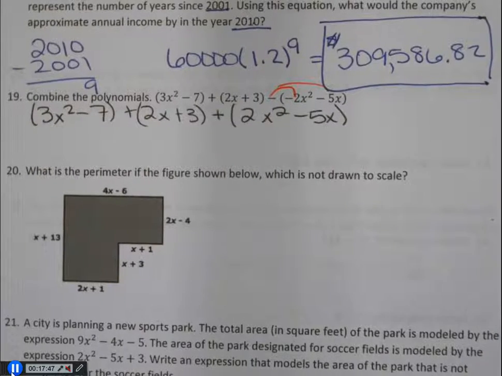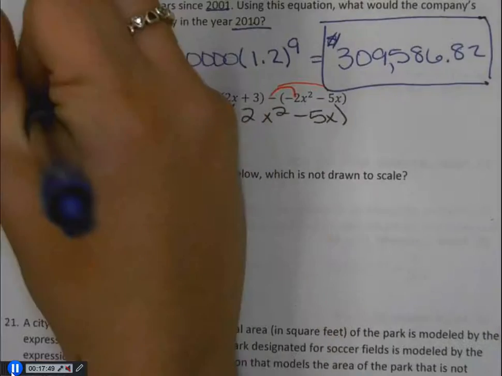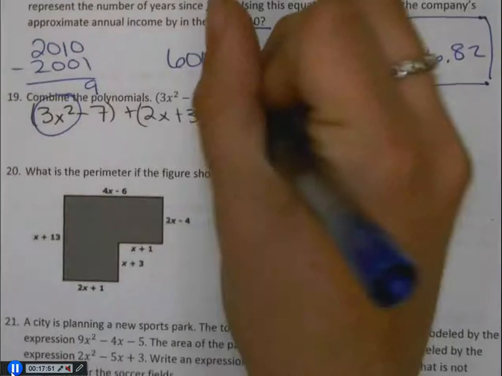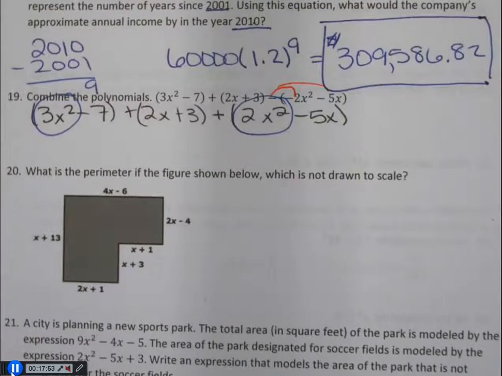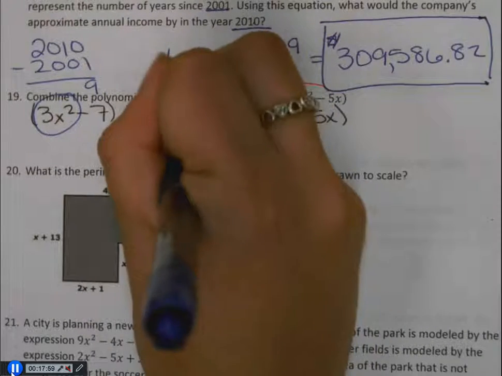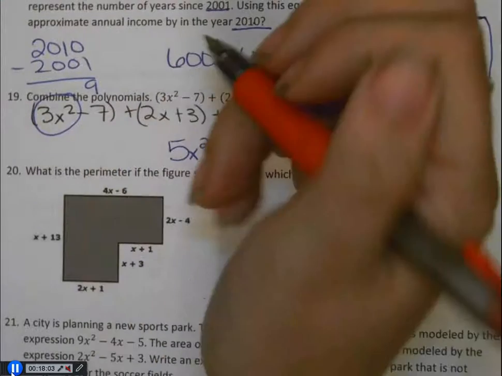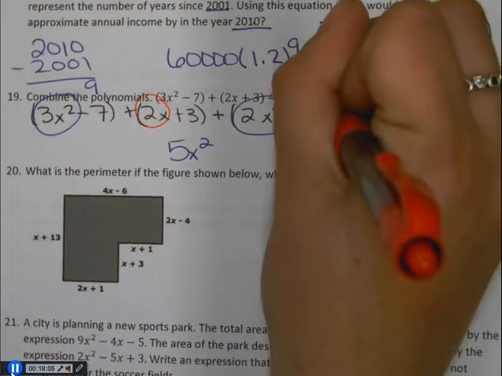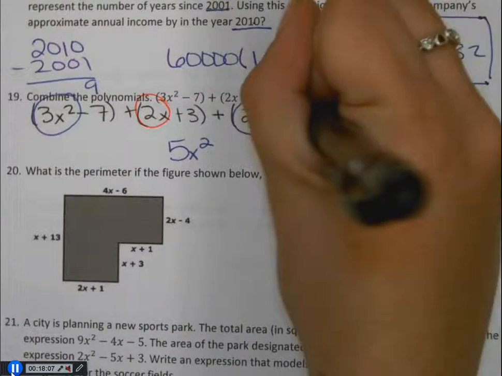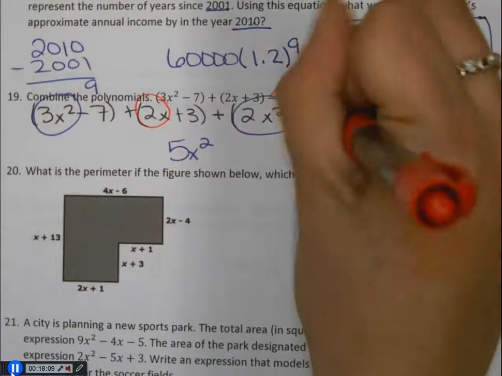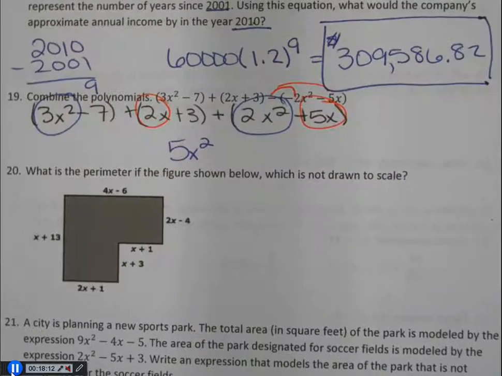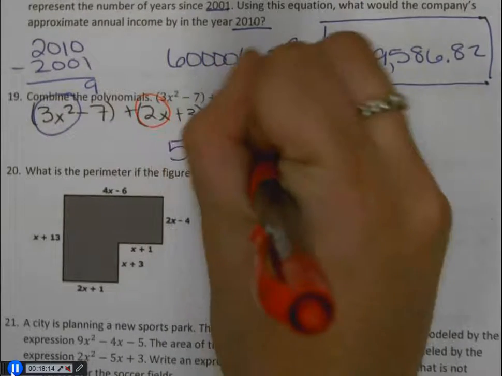Then I'm combining like terms, so I'm looking for what they have in common. This has an x squared, this has an x squared, so 3 plus 2 is 5. Then I have 2x, and I forgot to change my sign on this one. Positive 5x, 7x.